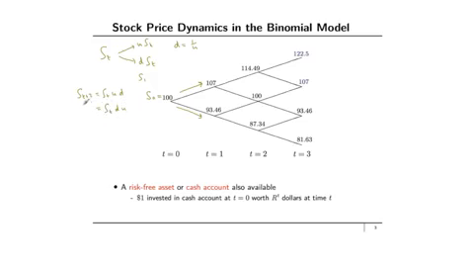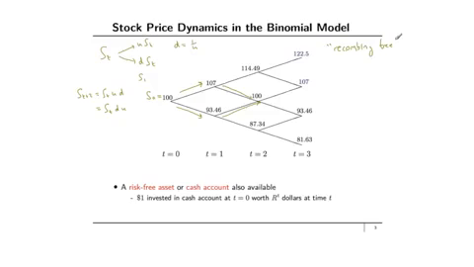In other words, the stock price at time t plus 2 is the same if it had an up move followed by a down move as if it had a down move followed by an up move. Okay, and so it's recombining. An up move followed by a down move gives you the same price as a down move followed by an up move. And that's why we often call this a recombining tree or lattice.